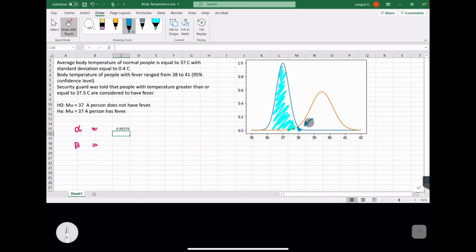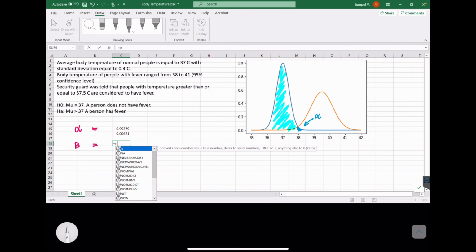So alpha is equal to 1 minus this, so it's about 0.006.